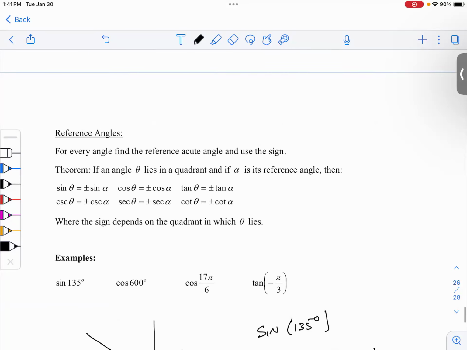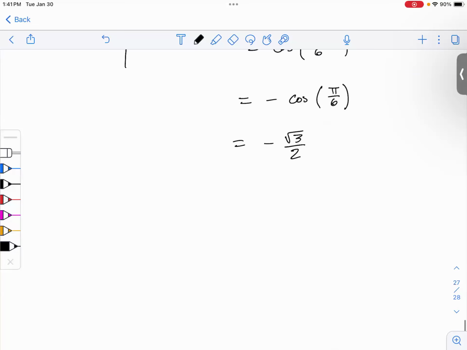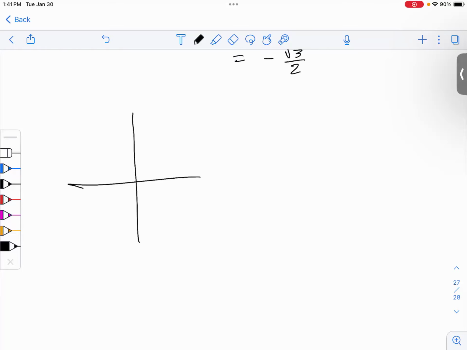Okay, and one more, tangent of negative pi over 3. And pi over 3 is an angle we're familiar with, but for negative pi over 3, just to practice, that means we're actually going in the opposite direction.